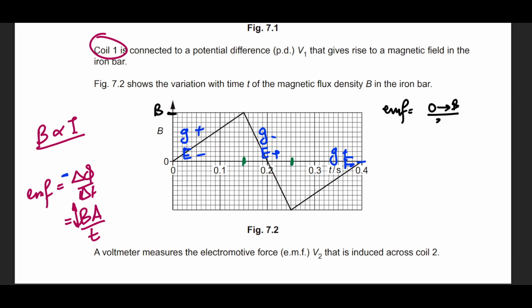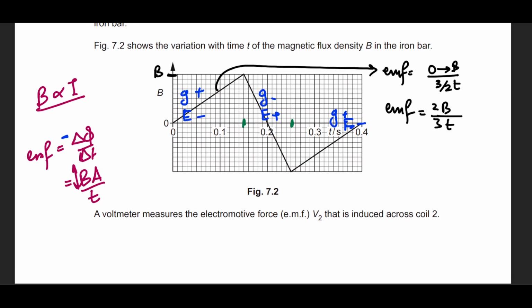So 1.5 can be represented as 3 by 2t, right? So for this section, a change of B was experienced in 3 by 2t. So this will be the induced EMF in the first section.